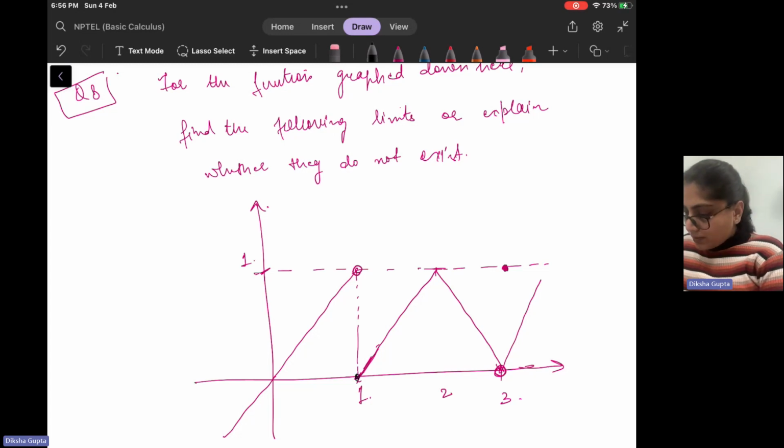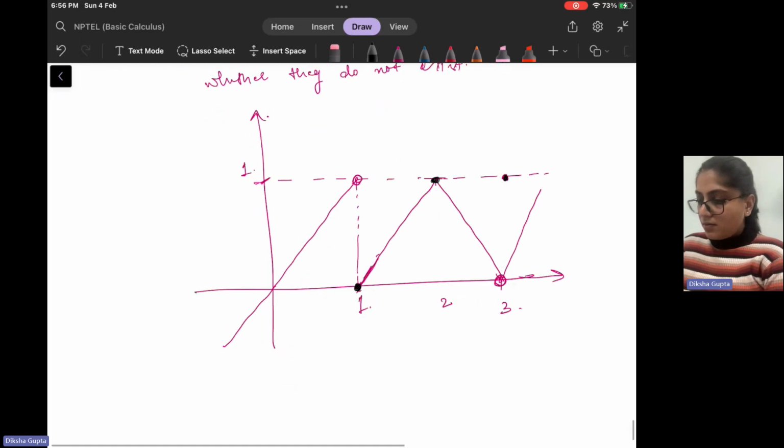So this point is included, this point is included, and this point is included. Now, these 2 points are not. These are hollow circles. That is, at the point x equals 1, the value is not 1, but it is 0. At the point x equals 2, the value is 1. At the point x equals 3, the value is not 0, but it is 1.